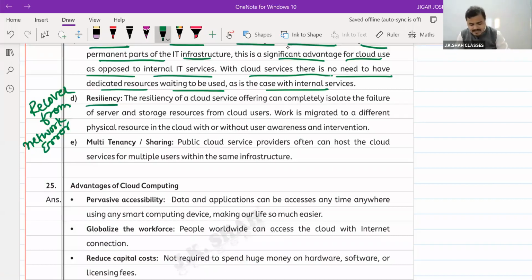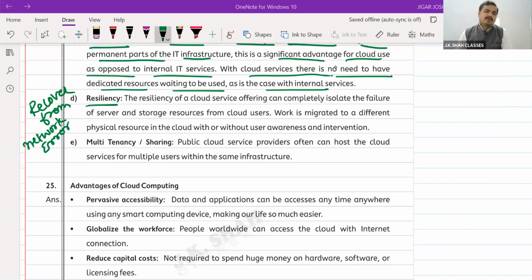Sir, example please. Suppose, people, from South California, you had seen the Google data center? Suppose it got some technical issues. Nothing to worry. Google will provide the same services to you from their Australia cloud service. It means they had created multiple copies of our data to provide you completely error-free services.